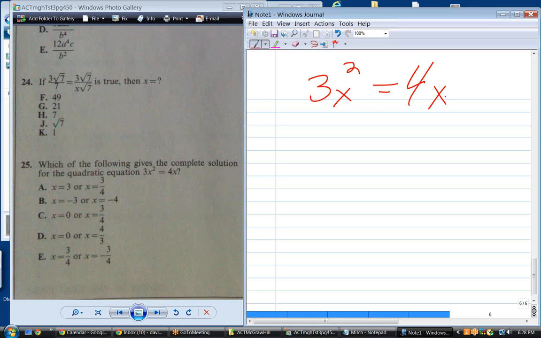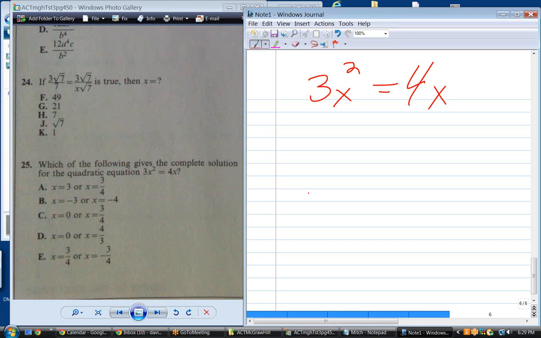Can you figure out what x is? 0. 0, exactly. So I don't have to plug in A, B, or E. I know those aren't right. I know that x equals 0 is one solution. And so the only other solution is either x equals 3/4 or x equals 4/3.